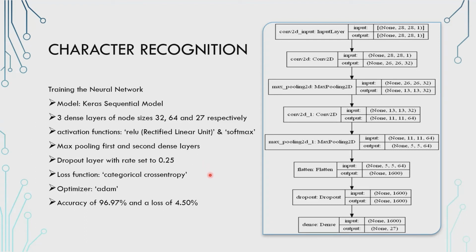The loss function is categorical cross entropy, since this is a multi-class problem. The optimizer chosen was Adam, and we have an accuracy after training of 96.97% and a loss of 4.5%. Okay, and now we'll see the system in action.